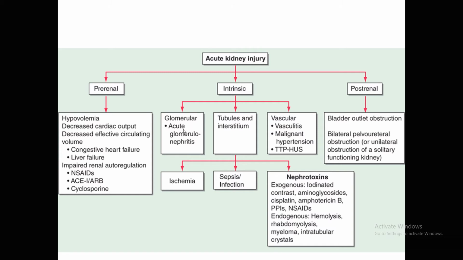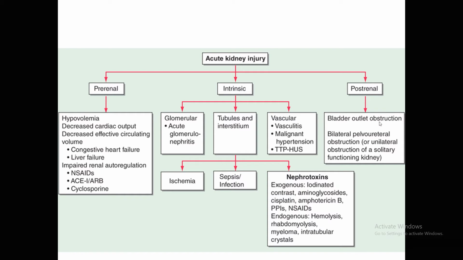Glomerular damage, mainly due to acute inflammatory process, acute glomerulonephritis, and interstitial, as observed in pyelonephritis, acute or chronic. All they may cause ischemia, infection, and also produce additionally nephrotoxins.